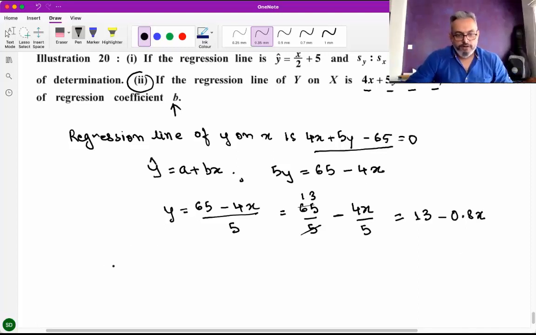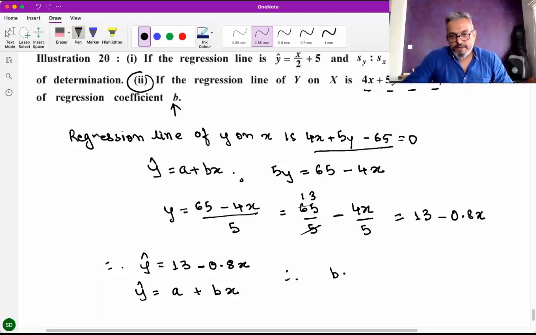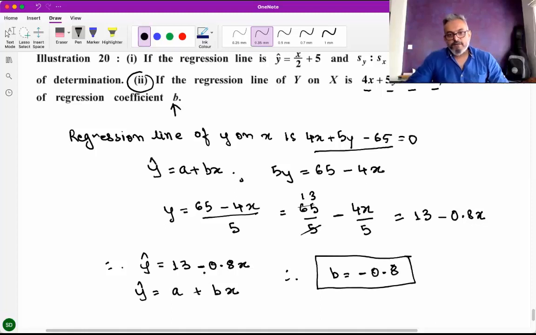So therefore y cap is equal to 13 minus 0.8x. Y cap is equal to A plus BX. Therefore, B is equal to minus 0.8. Because when B is negative, this sign becomes minus.